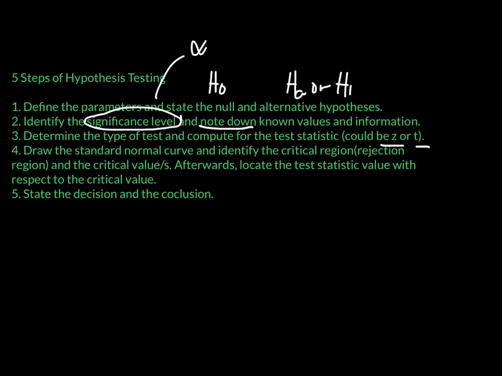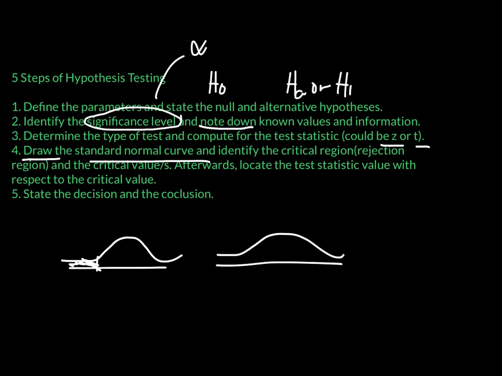This is where you draw the standard normal curve. So you make a curve and then identify whether you will be doing left-tailed or maybe a right-tailed or a two-tailed test.